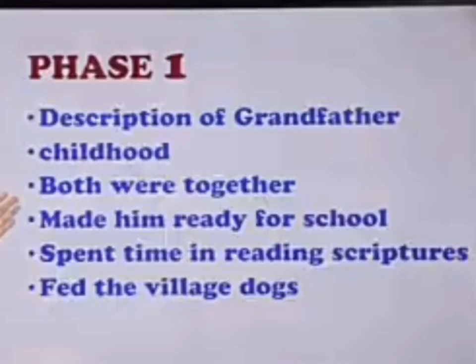The first phase of the story is the grandmother's appearance. As the author, Khushwant Singh, has given an account of his grandmother, he draws a lifelike portrait. He describes that his grandmother was very old, her face was wrinkled, her hair was white. It was very hard to believe that once she had been young and pretty.